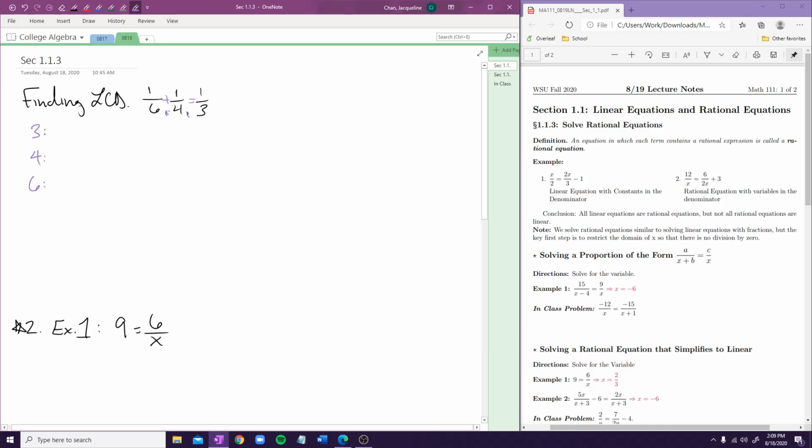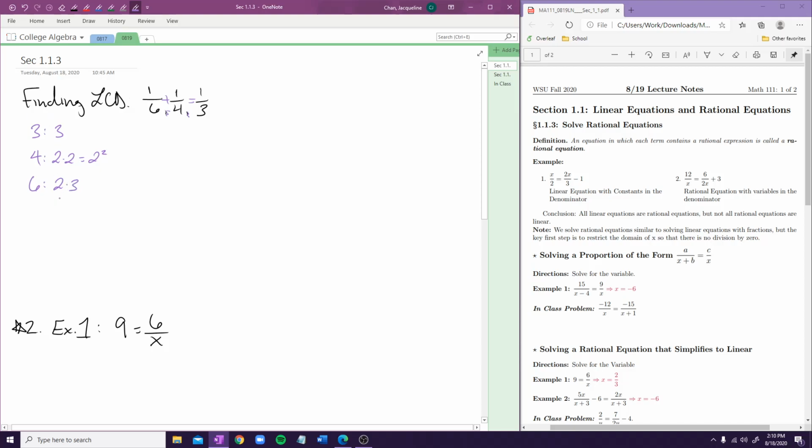The way I do it is the prime factorization, so every number can be rewritten with primes only. So 3 is just 3. 4 is 2 times 2, but this is also 2 squared. And then 6 is 2 times 3.